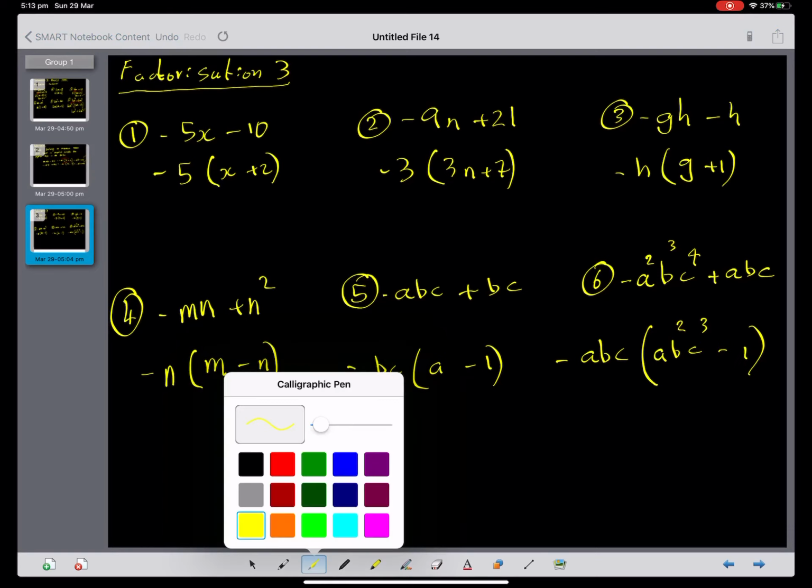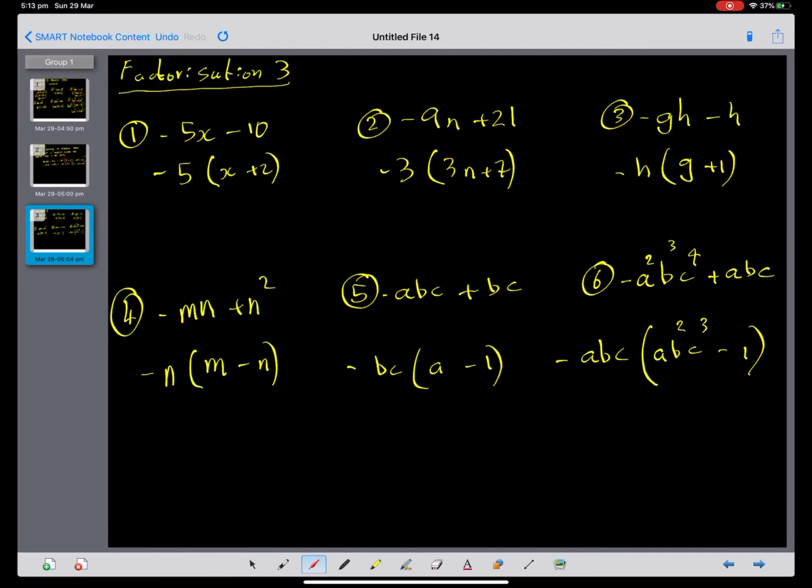Okay, now I do want to expand each of these to make sure I've got the right answer. Okay, I'm going to do the expansion in red. So we've got negative 5x, negative 10. So we know that's correct. We've got negative 9n, negative 21. So that is a mistake.